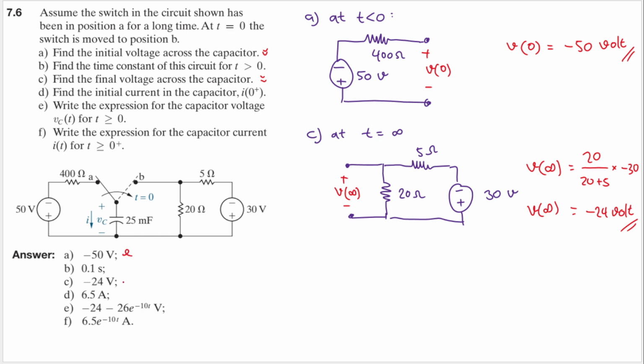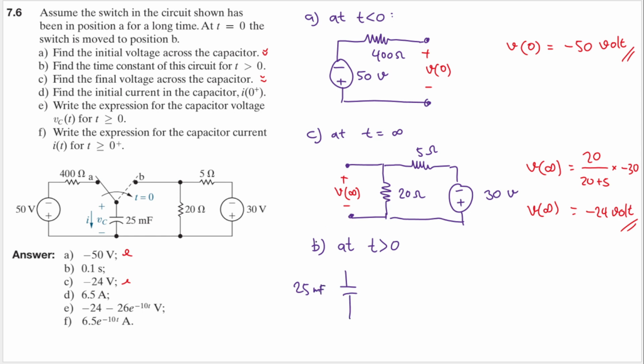So this is done and this is also done. Okay, now let's do question B. We need to find out the time constant. So we need to draw the circuit at t greater than 0. So we still have the capacitor intact. That will be 25 millifarad.